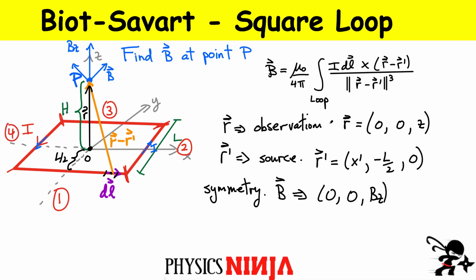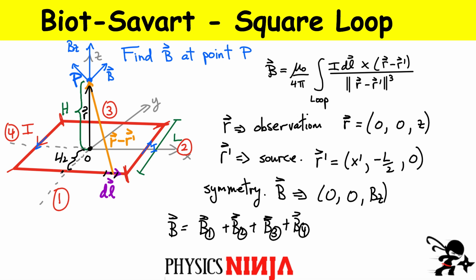Well, I'd be able to write that the total magnetic field has to be the field due to segment 1 plus the field due to segment 2 plus the field due to 3 plus the field due to 4. Now you have to convince yourself that at the end it doesn't really matter which segment I am considering.